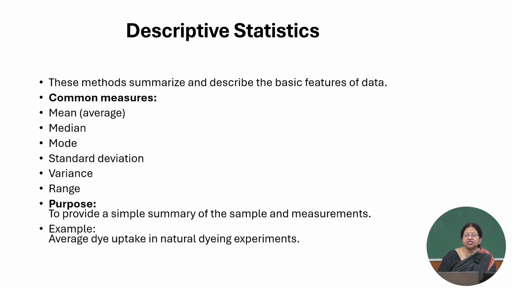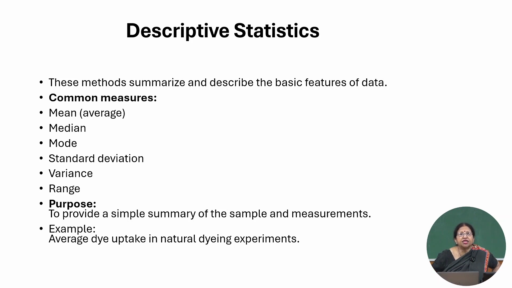Descriptive statistics, as we learned in the previous lecture, summarize and describe the basic structure or features of the data. Common measures are mean, median, mode, standard deviation, variance, and range.